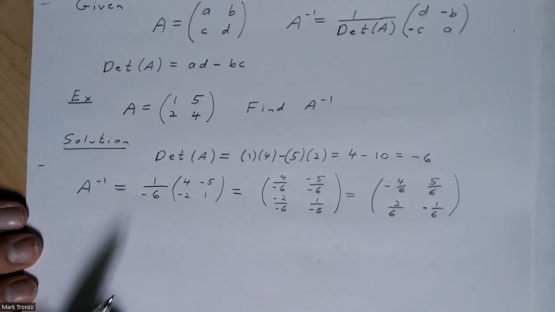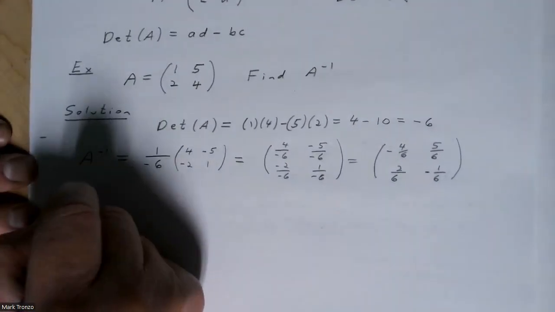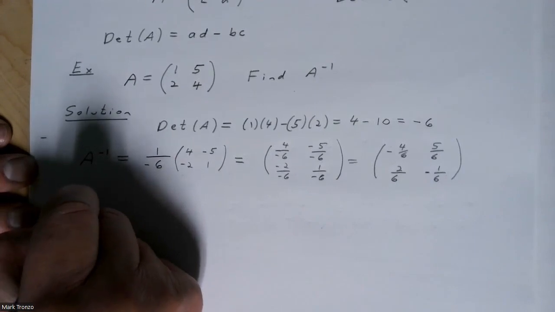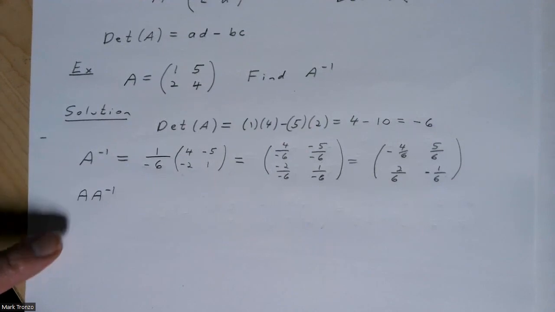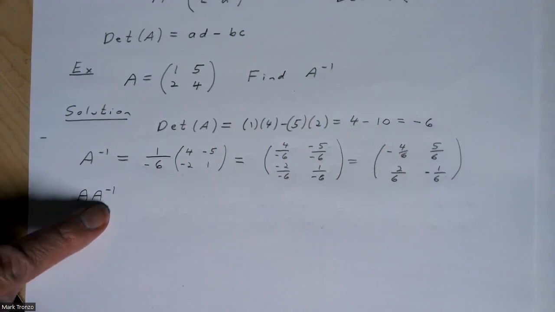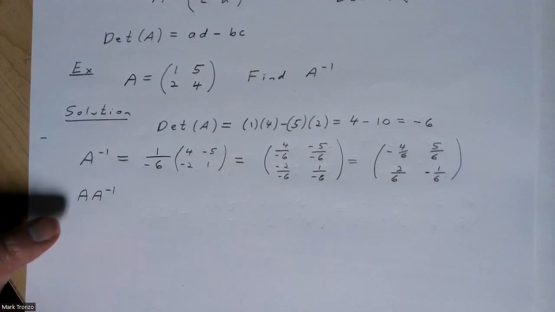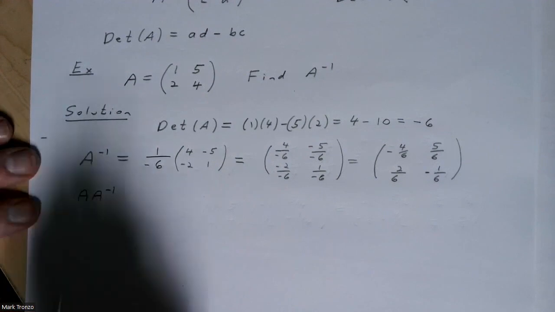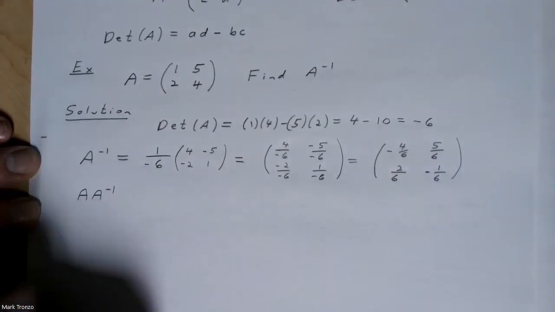So let's check. Let's see if this truly is the inverse. We just have to check one of the directions. So if we take A times A inverse, so what we think is the inverse, if we end up getting the identity, then we know it'll work if we commute these. Because if this works, A inverse A will also work.